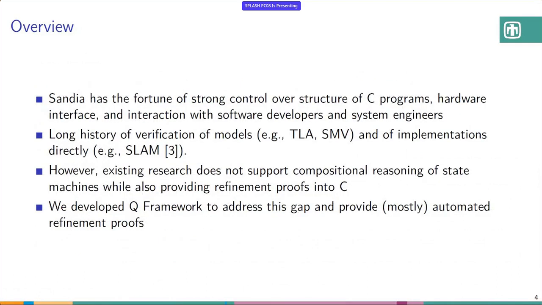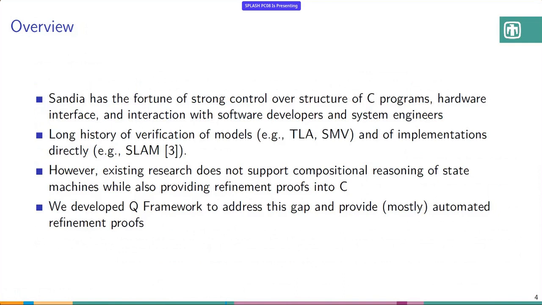Some of the fortune we have here is we have strong control over the structure of the C programs, which allows us to set how the developers write. And we also have interaction with the system engineers, who are the ones making the Stateflow models. Now, there's a long history of verification of models, as I'm sure you're aware, TLA, SMV, as well as implementations directly.